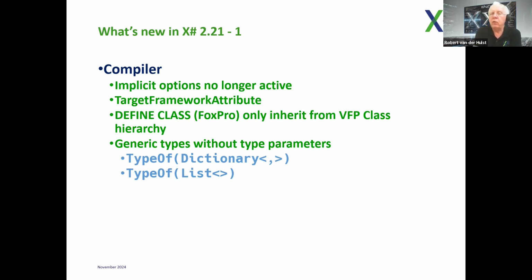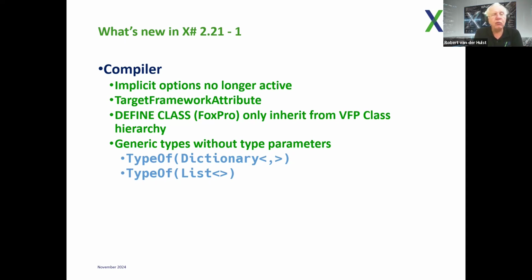In the past, several compiler options were automatically enabled when you compiled, and you had to explicitly disable them. We no longer do that. So options like, for example, VO15, which says that untyped locals or untyped parameters are allowed, are now not enabled automatically, but you have to enable them with the compiler option.